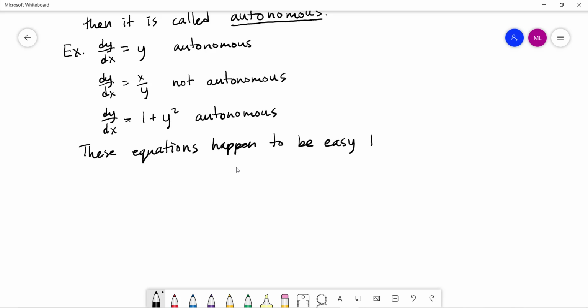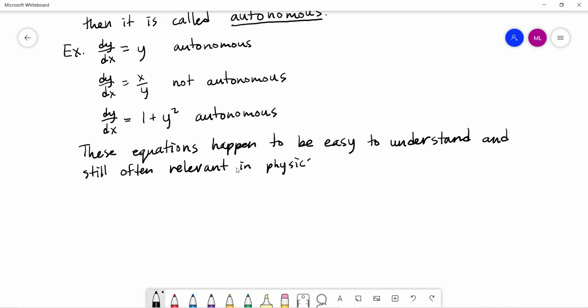So they're easy to understand, and still often relevant in physics. So in physics, oftentimes our independent variable isn't x, but is instead t.